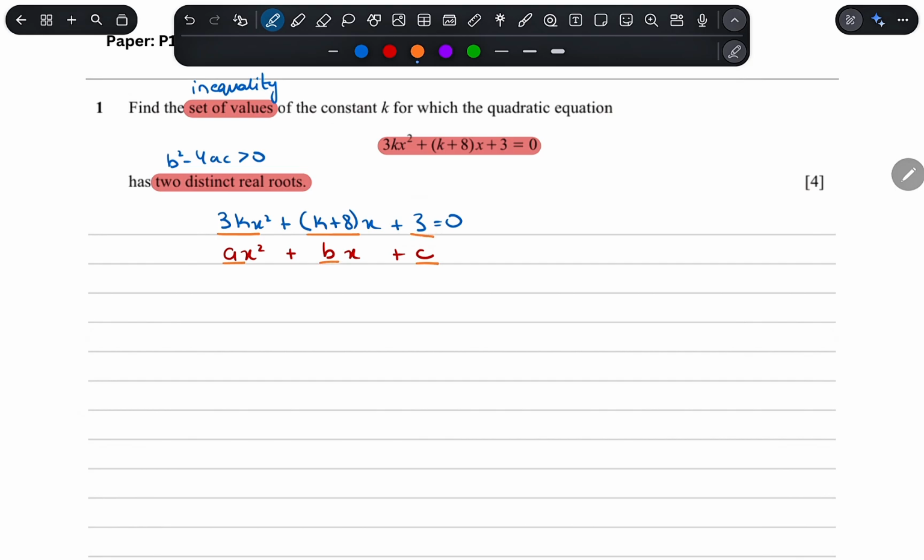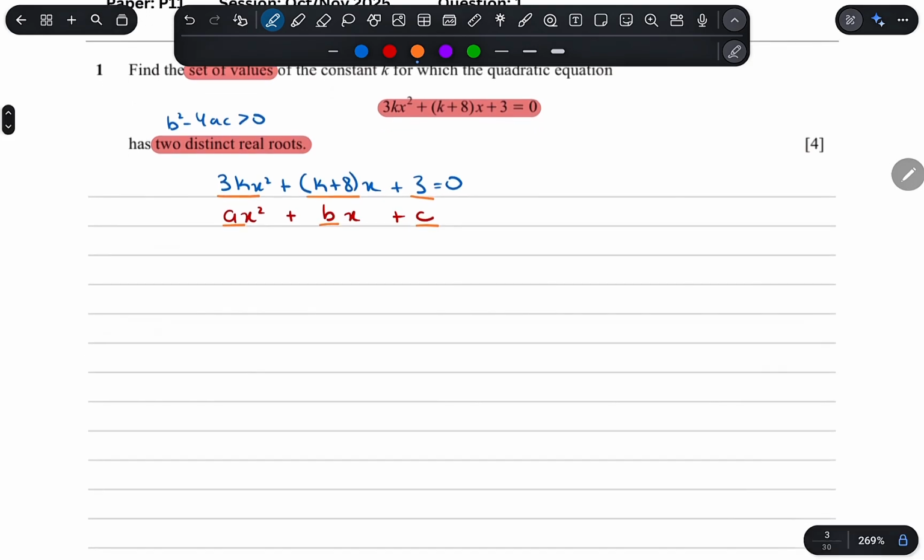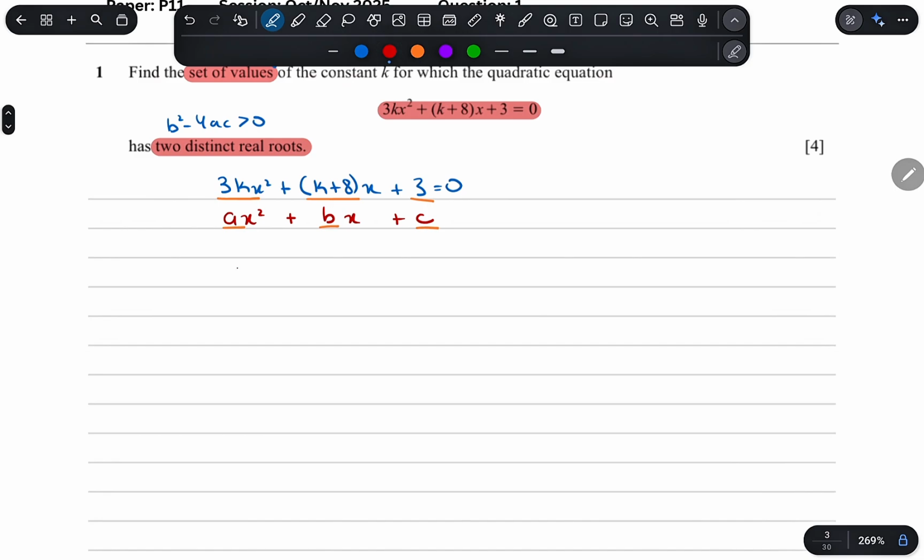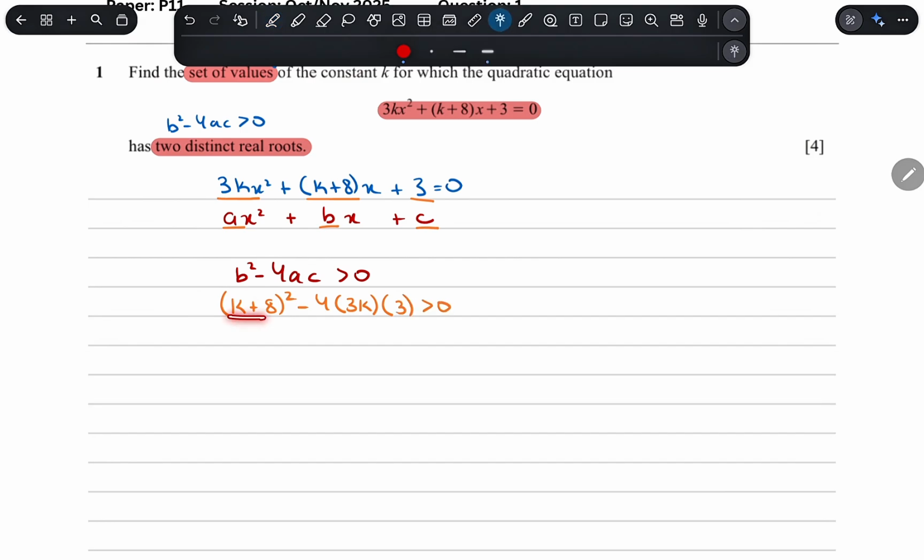We just have to apply the discriminant. So we'll have b square minus 4ac must be greater than 0, or (k plus 8) whole square minus 4 into 3k into 3, which must be greater than 0. We got these values from here as we discussed earlier.